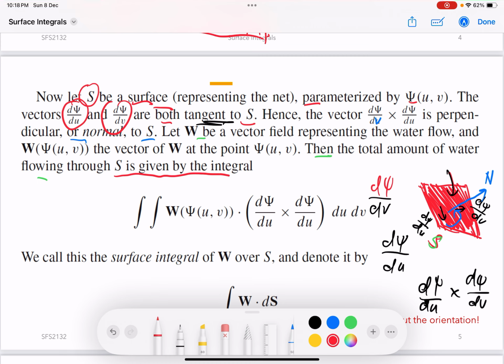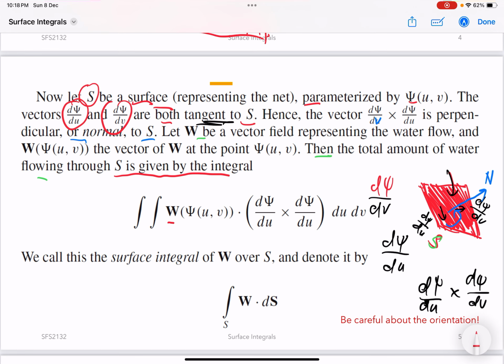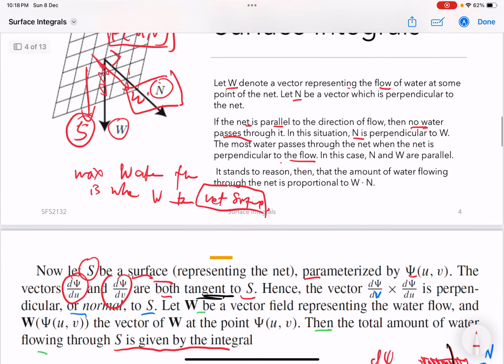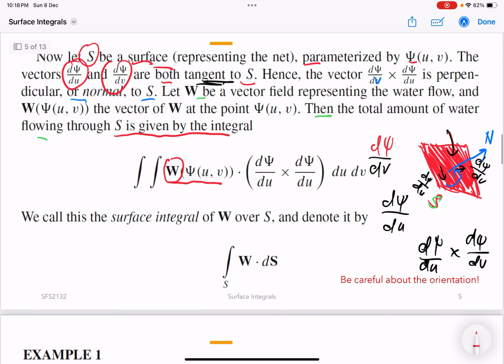You have a double integral of the vector W, the water flow, with the parameterization of U and V, dot the cross product, which is a normal vector, du dv.